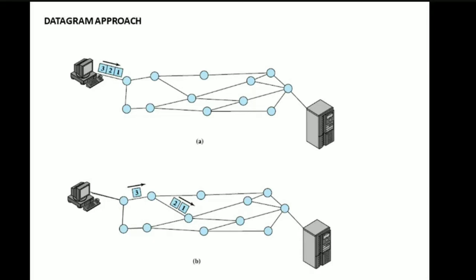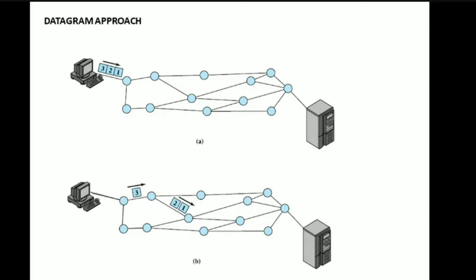Let us say on the screen you have a source station that wants to send 1, 2, 3 packets. First packet 1 will be sent, and then packet 2. Packet 2 will not have any relationship with either packet 1 or packet 3. I'll tell you why.